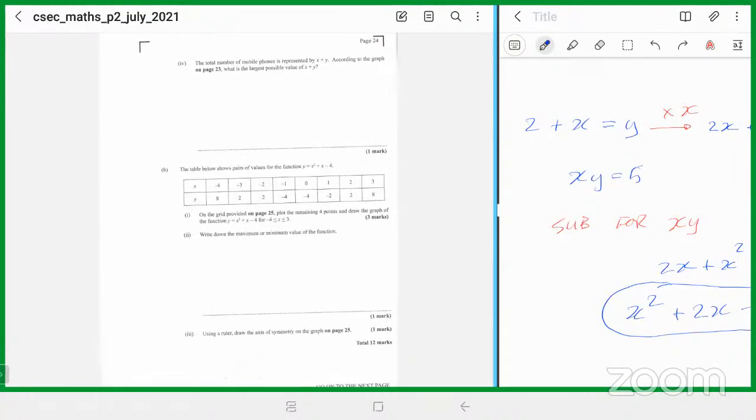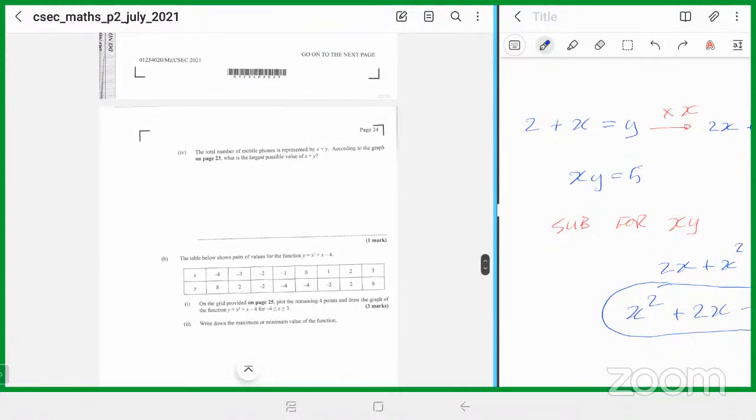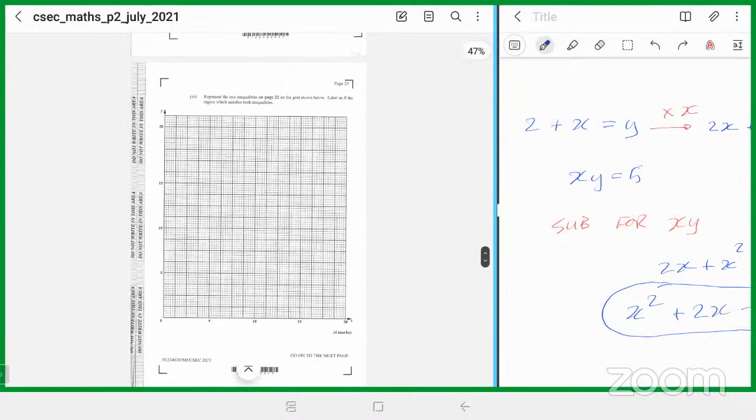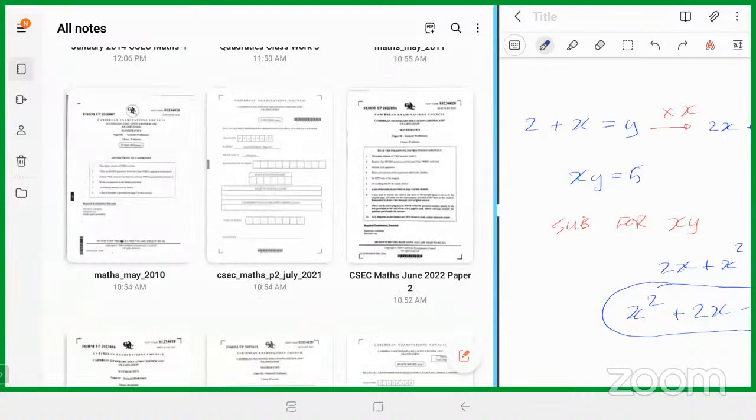This is June 2021, I want to say. I'm not happy. We did this last week, so I wrote on the wrong thing. Let's see. Not that paper, I have the wrong paper there.